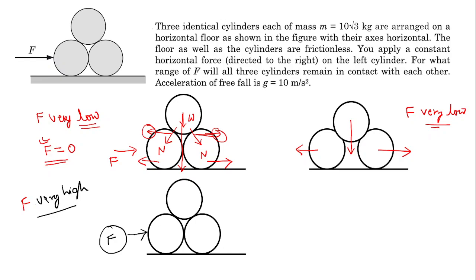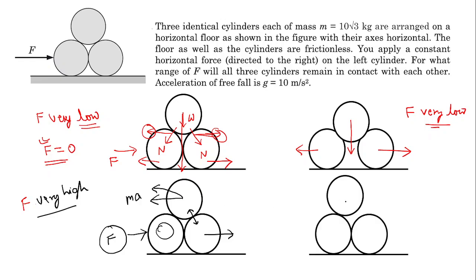If you cannot think, just imagine yourself sitting in a car which is accelerating very fast in this direction. What will happen to this ball? In the frame of this ball, it will be experiencing a pseudo force in the backward direction, and because of this pseudo force, this ball will try to jump over. Jump over means it will try to separate from this ball. So situation will be something like this.